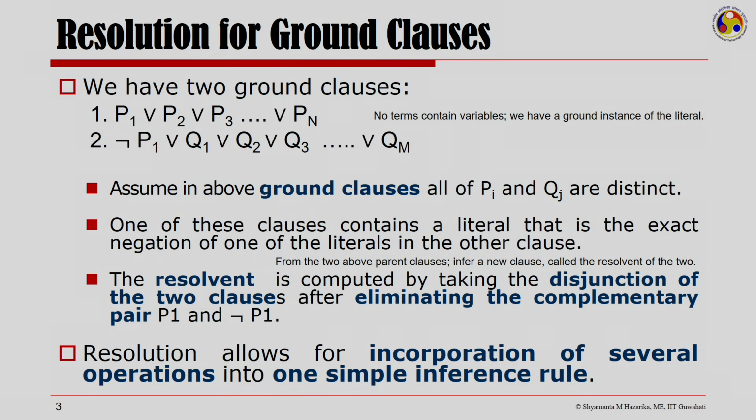Resolution, as we could see earlier in our discussion, allows incorporation of several operations into one simple inference rule. Like earlier, I had showed you how modus tollens and modus ponens could be seen as resolution.